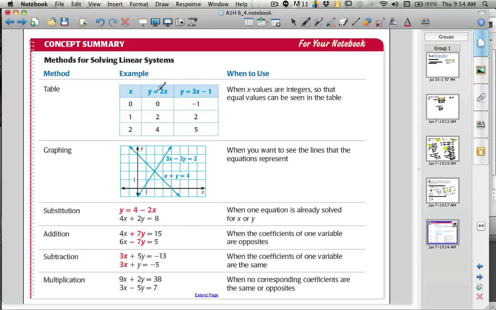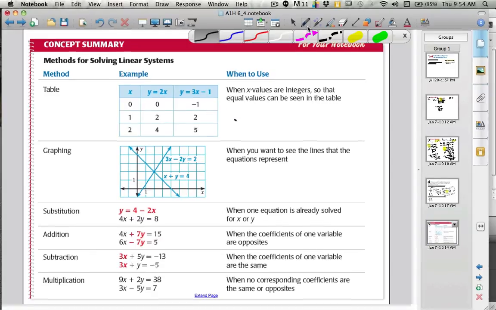To give a follow-up on the concepts we've been working with in this chapter, there are many different ways to go about solving linear systems. We could create a table, which is really unwieldy and unlikely, but you can see that when my x's and my y's are the same, then I found the intersecting point. I can graph and look for the intersecting point, which would be here.